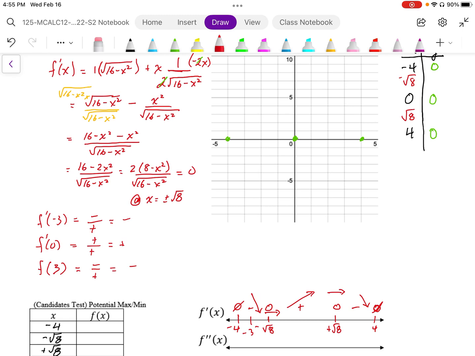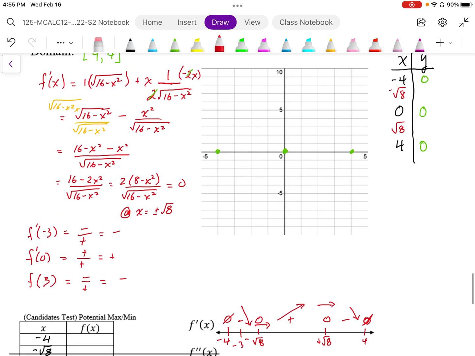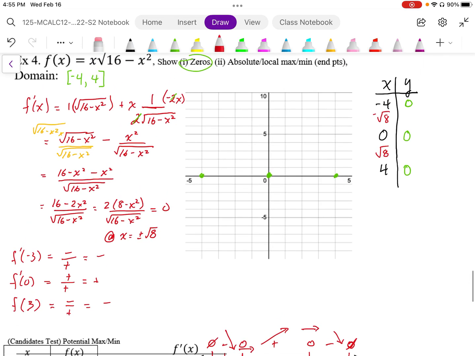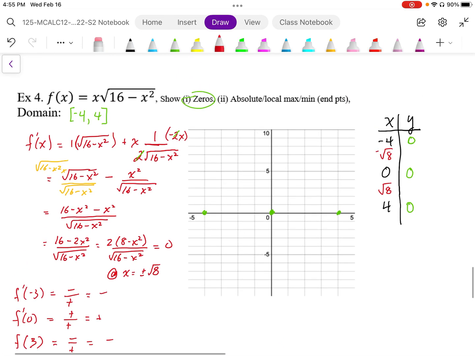So it looks like I have a local min and max at -√8 and positive √8. So I'm going to plug those into my expression. When I plug those into the expression, I'm going to have 16 minus √8 squared. So that's going to be 16 minus 8, so that's going to be square root of 8. And then I plug in my -√8 for the x. So I'm going to get -8 as my y coordinate.